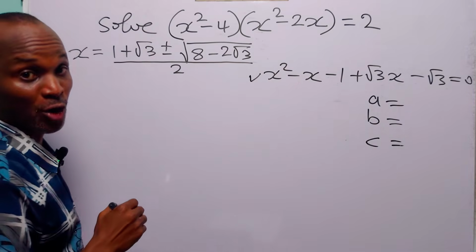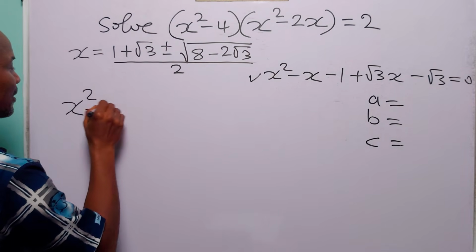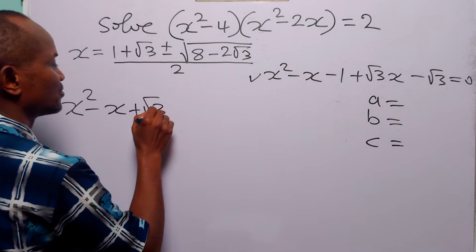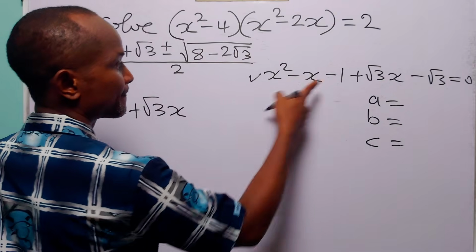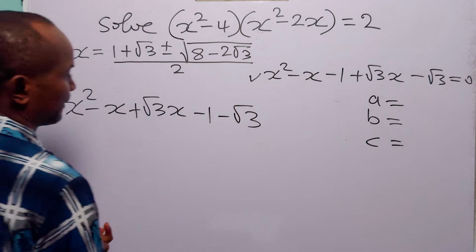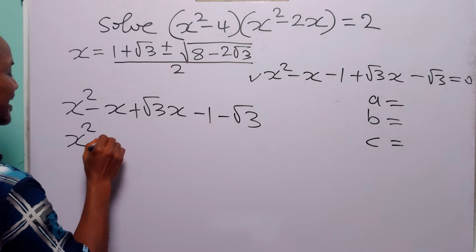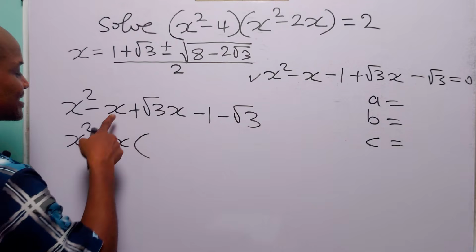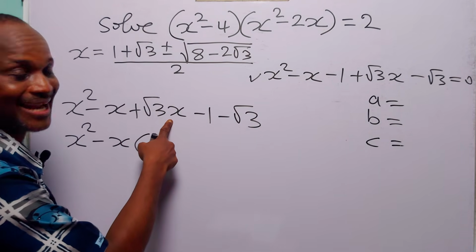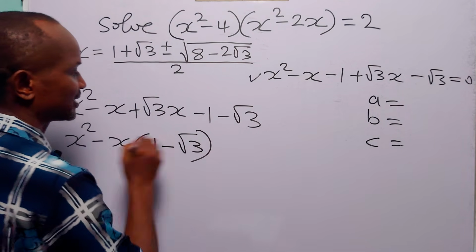And from the second quadratic equation, we have x squared minus x plus root 3x minus 1 minus root 3. Now from here we have x squared, minus x divided by minus x is 1, root 3x divided by minus x is minus root 3.